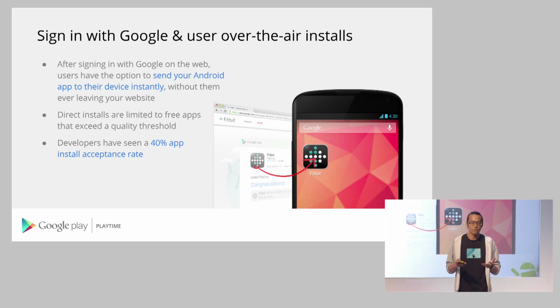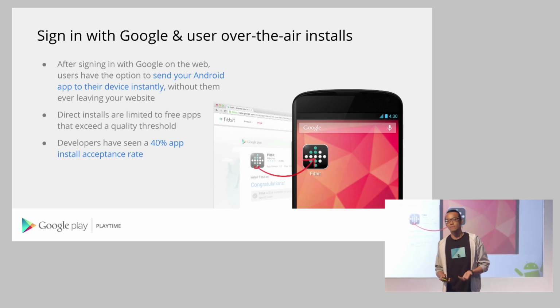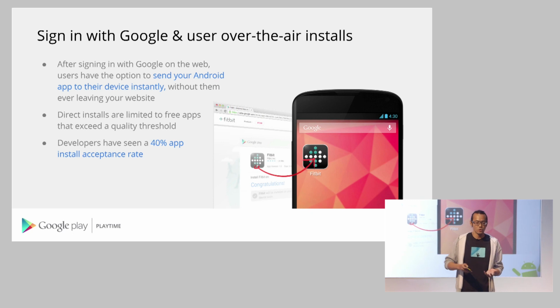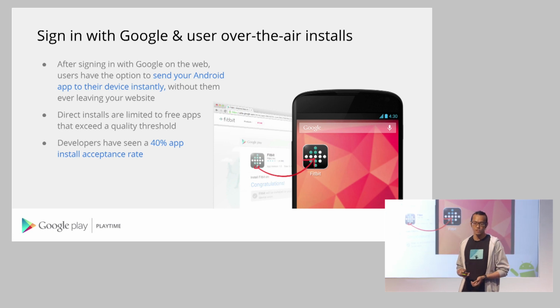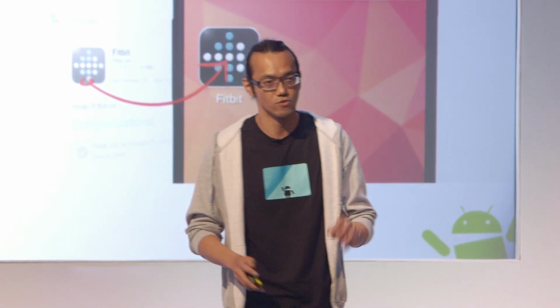If you happen to have a web service that accompanies your mobile app, or users use your service across web and mobile, it makes a lot of sense to also consider using Google Sign-In on your website, so that users who sign in with their Google account have the option to send your app directly to their device over the air. It just works like that, like magic. You sign in one time on your website, the user gets this button, say install on device.